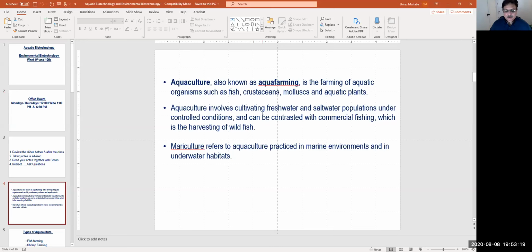Aquaculture, known as aqua farming, is the farming of aquatic organisms such as fishes, crustaceans, mollusks, and aquatic plants. One of the reasons seafood and fish became very popular is that they are rich in proteins and unsaturated fat.